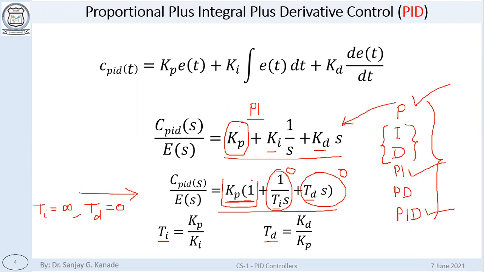Only this section will remain, which means only the proportional controller will remain, right?